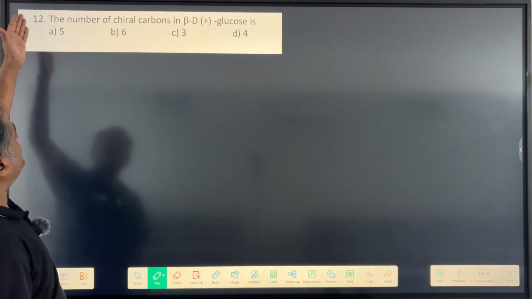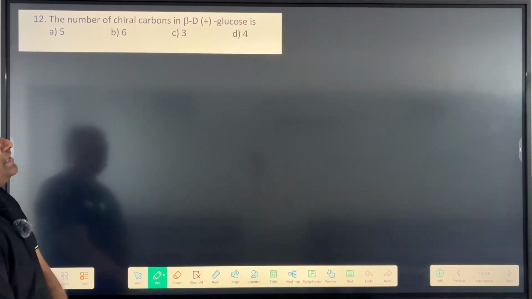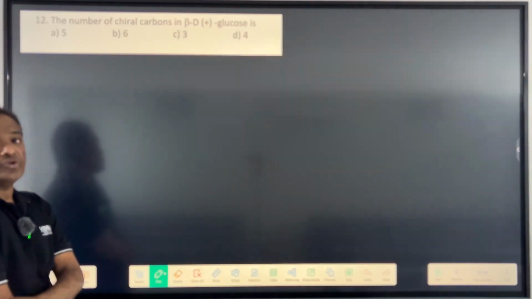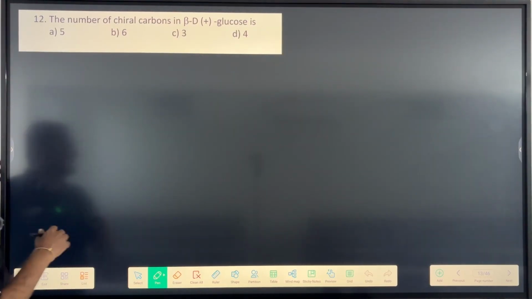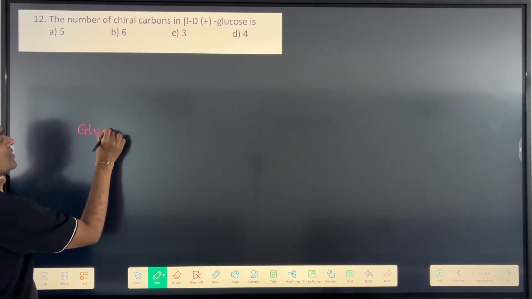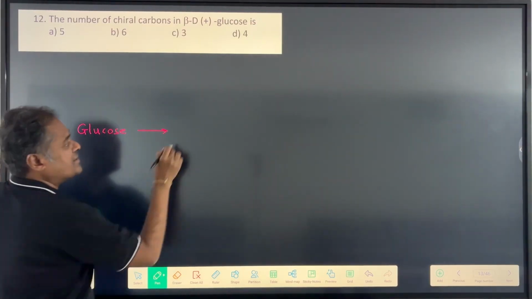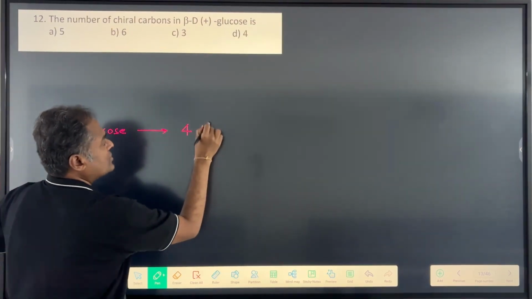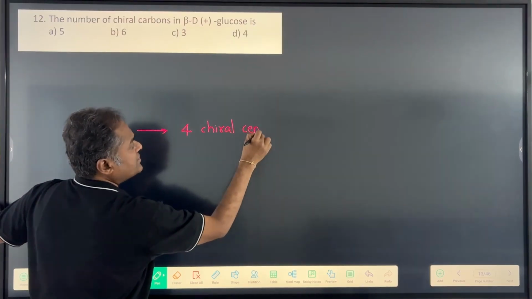Yeah, that is the number of chiral carbon atoms in beta D glucopyranose or beta D glucose. Now basically, child, we have already done this: whenever you have a term called glucose, generally glucose contains how many chiral centers? It contains 4 chiral centers, correct?